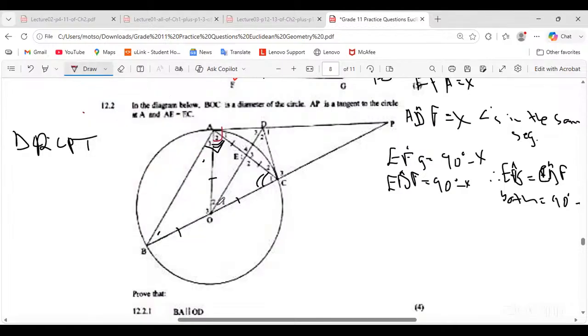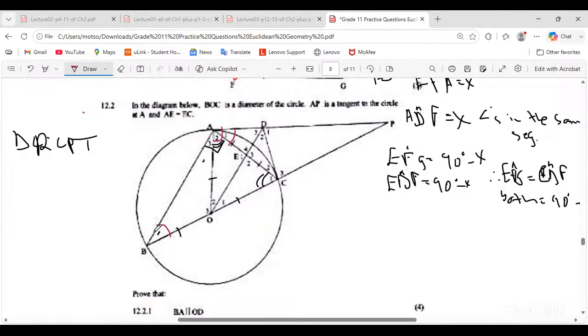Because this radius is perpendicular to that tangent. Then the cyclic chord, it looks like we don't have any cyclic chord here. Then the parallel lines, you don't have any parallel line to the tangent. This angle is equal to that angle, tan chord theorem.